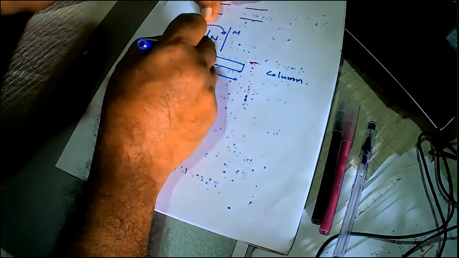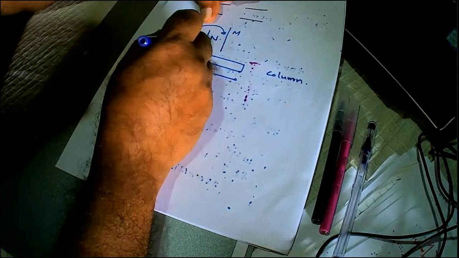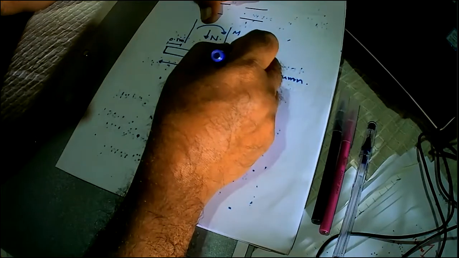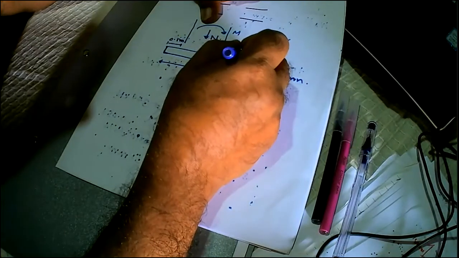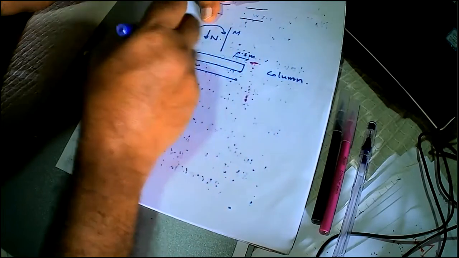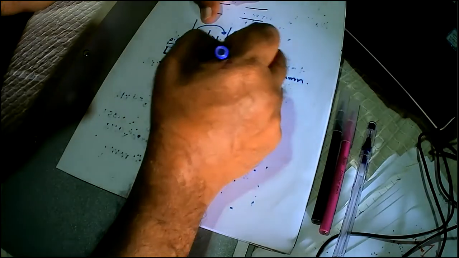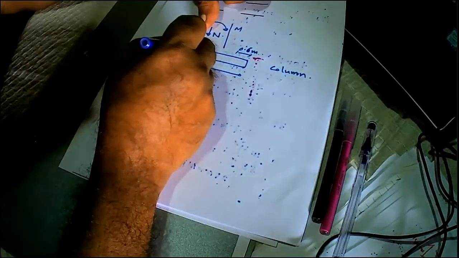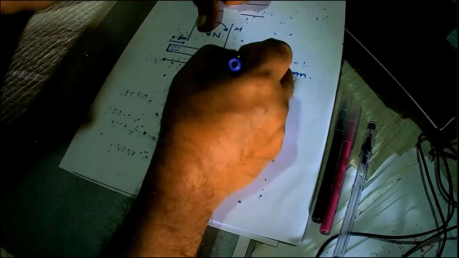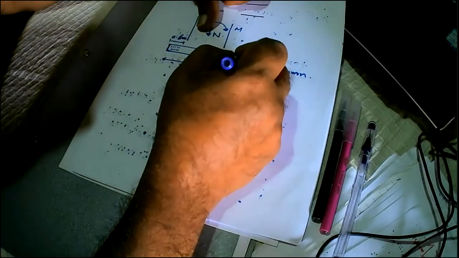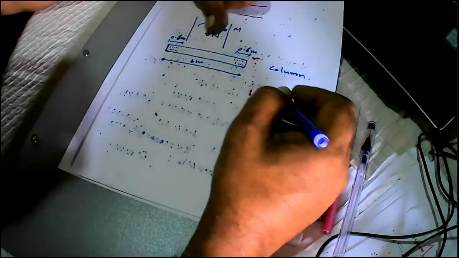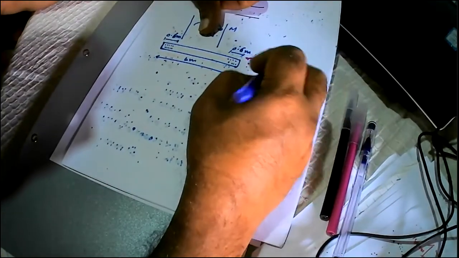And then say the corner 0.6 meters will have a concentration of reinforcement as in a column. And this is going to behave as a column.